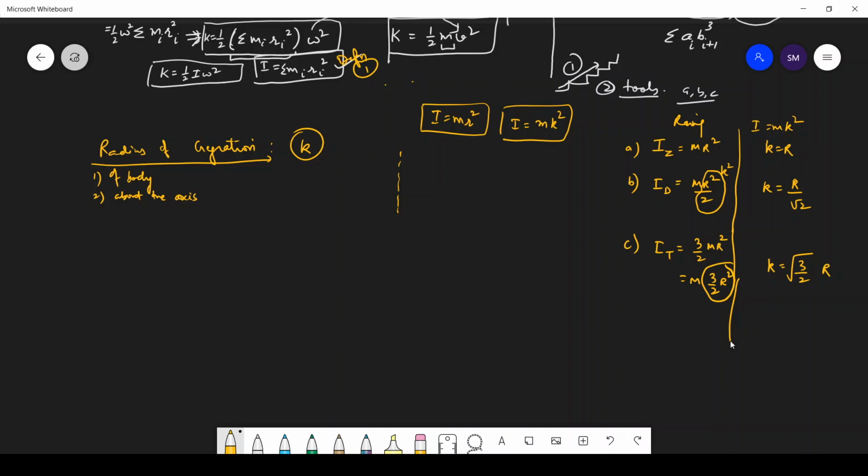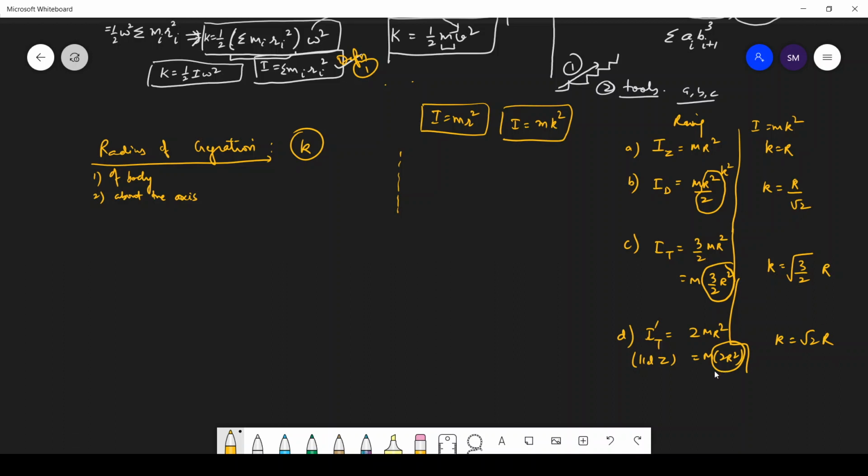Okay. Now D case. You are taking the tangent parallel to the z-axis, and that was 2mr square. So m into 2r square, so that's your k square. So k equals root 2 r.